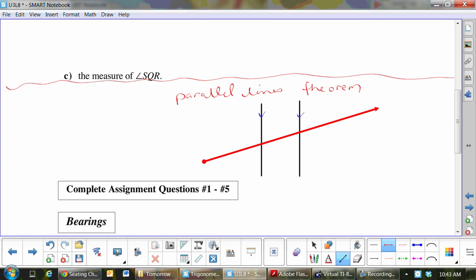Now, first of all, this angle is equal to this angle, okay? Now, this angle here would equal this angle. That's supposed to be a y, okay?